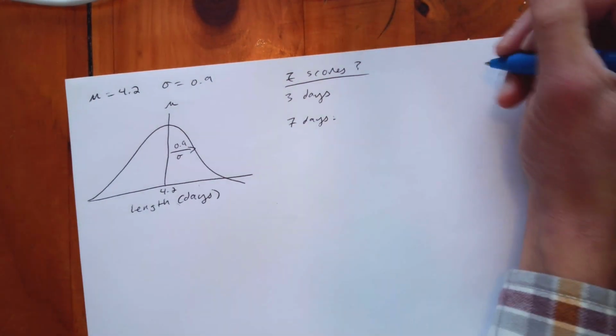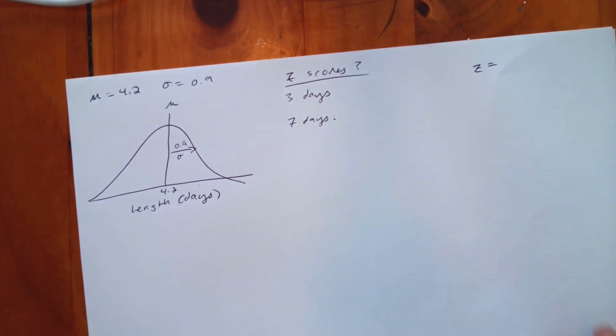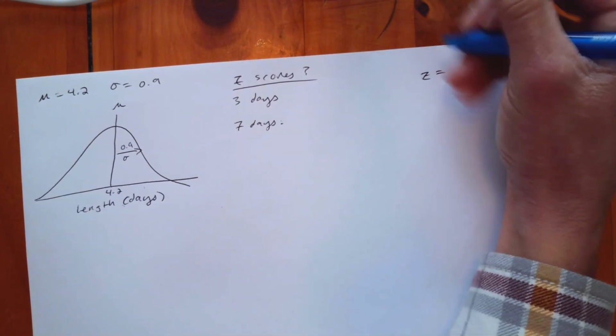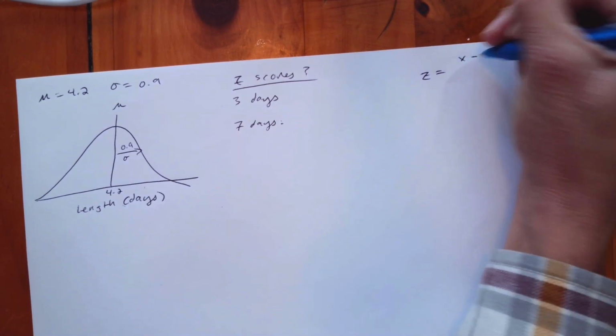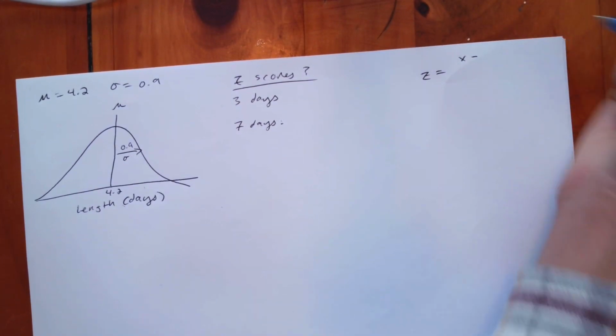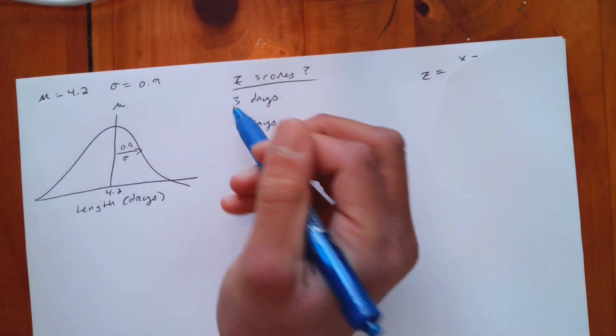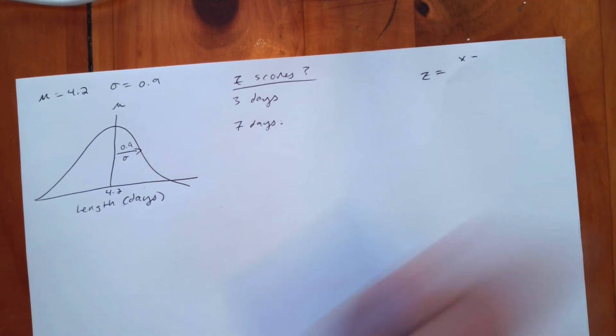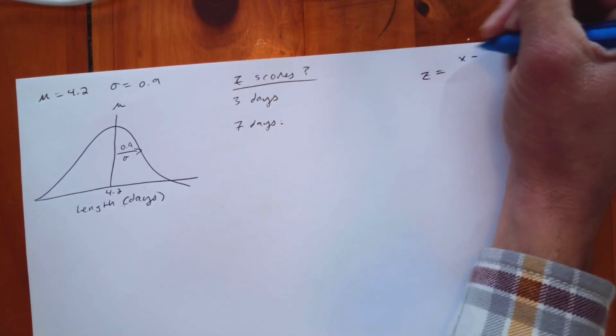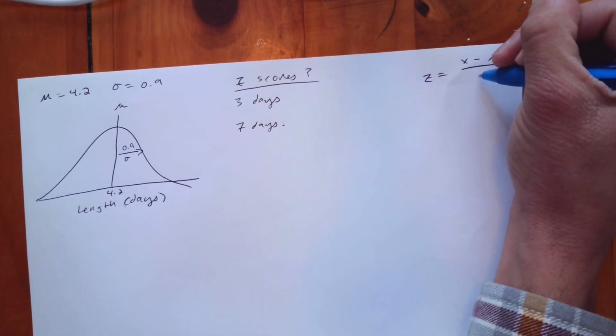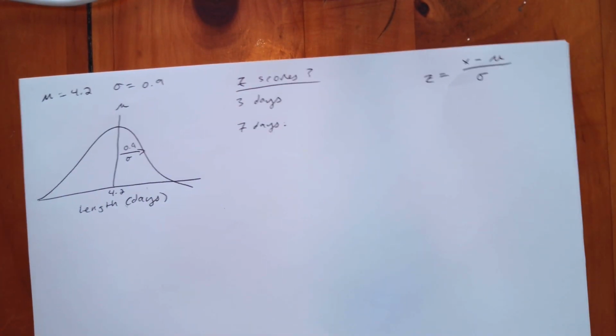Our z-score formula I'll also write out here. So to find z-scores, we use the formula of z is equal to x, which is your value of interest. So 3 days would be an x, 7 days could get plugged in there as well. Then we subtract our population mean and divide by our population standard deviation.